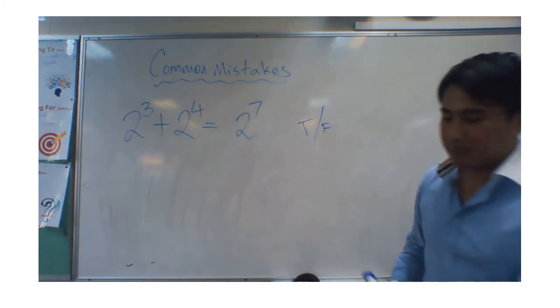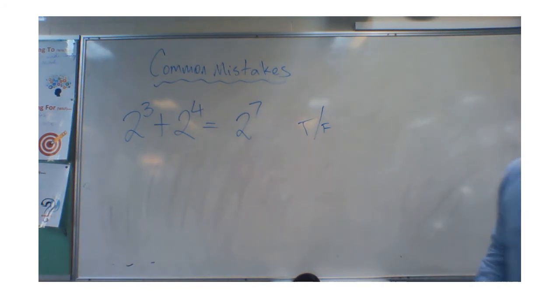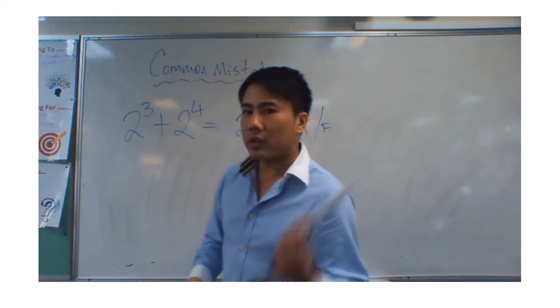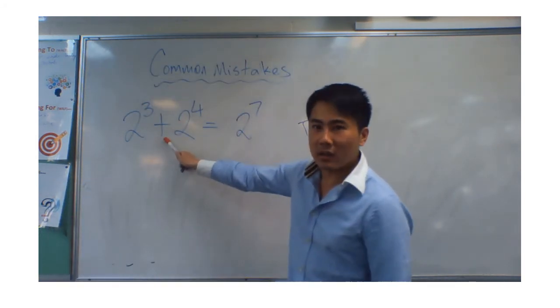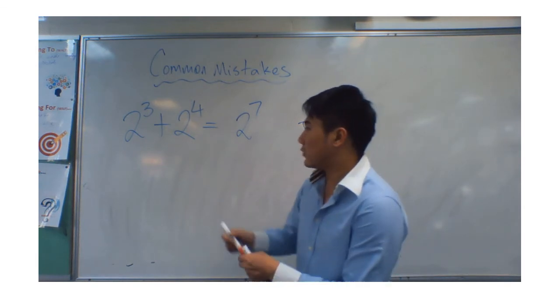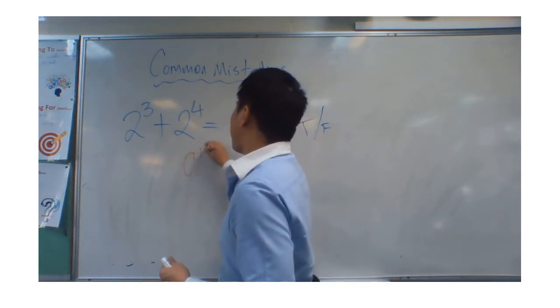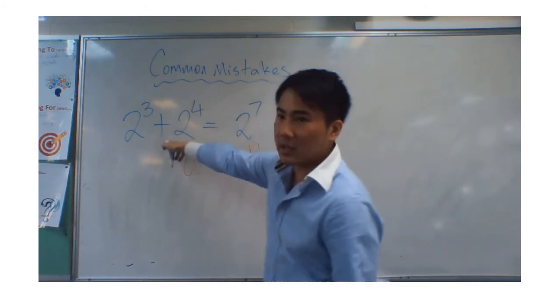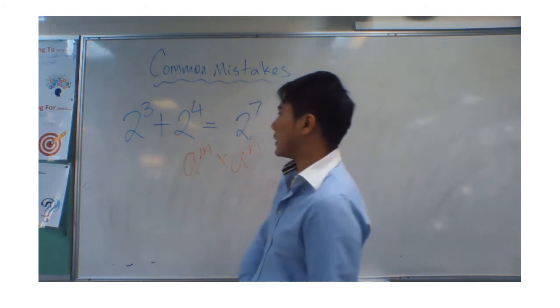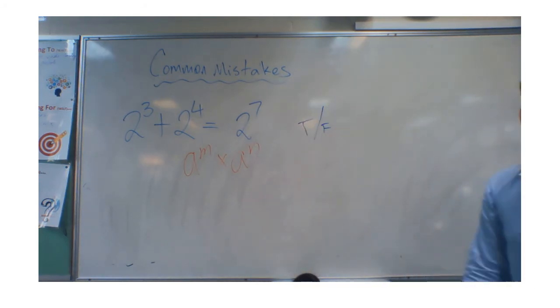This statement is absolutely false. Why? Because what does the first index law say? Are we adding in the first index law? No, we're not. The first index law tells me a to the power of m times a to the power of n. It's a multiplication. We're not adding.